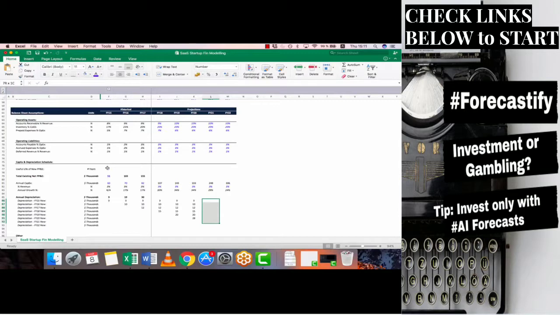Selecting space here, so transpose. Dividing by the useful life of new PP&E, Control Shift Enter, and just to brief you on that. You see that the count is 7.